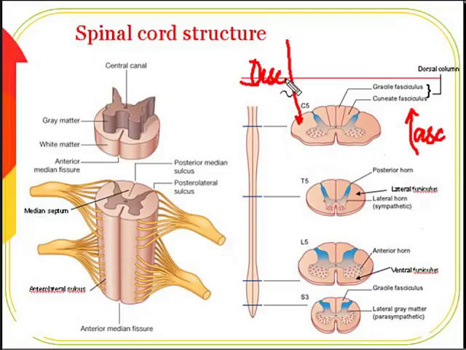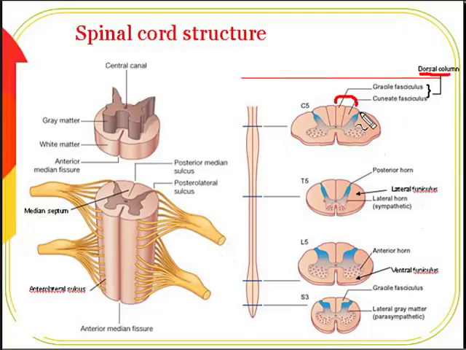Now this white matter is divided into three areas based on the presence of this gray matter in the center. So you have a part present posteriorly, this posterior region. This posterior part over here is known as the posterior funiculus. It's called the posterior funiculus, or also given the name of dorsal column.